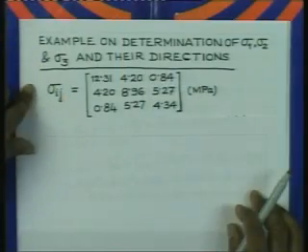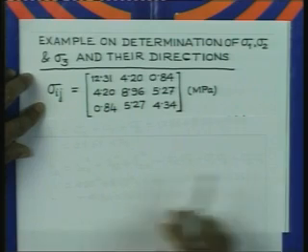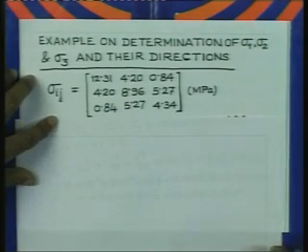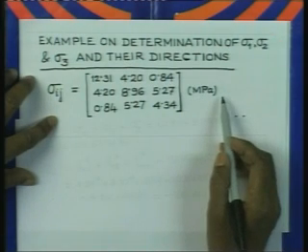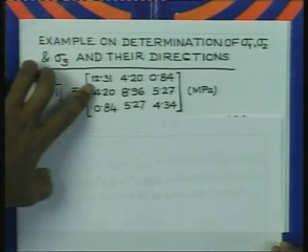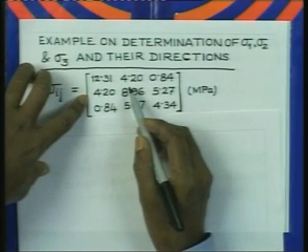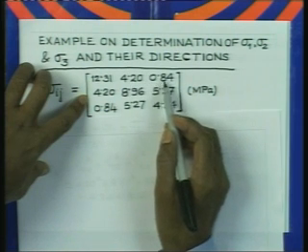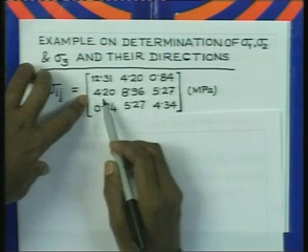It is given the stresses at a point are given by this tensor, these magnitudes are all in megapascal. So, sigma xx is 12.31, tau xy is 4.20, tau xz is 0.84.